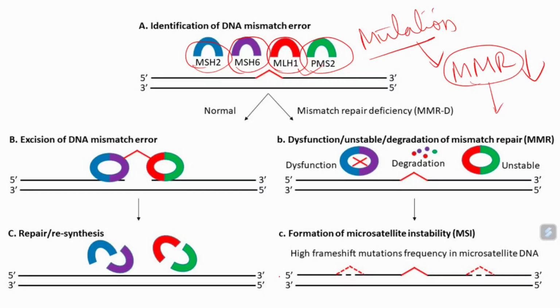When mismatch repair is not seen, it will cause instability, and this instability is considered microsatellite instability. These are microsatellite instability.